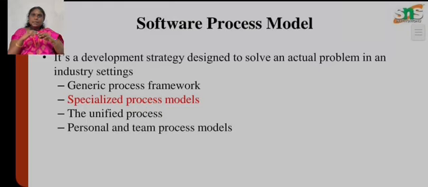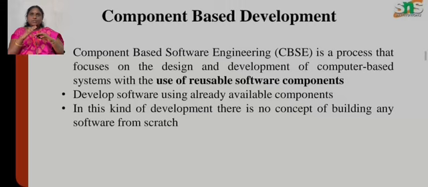This model takes on many of the characteristics of one or more traditional models, and these models tend to be applied when a specialized or narrowly defined software engineering approach is chosen.